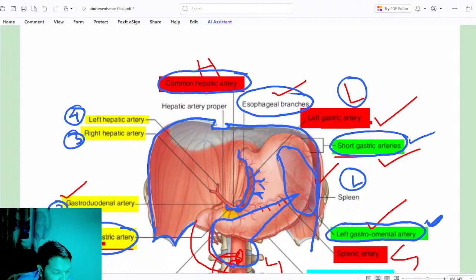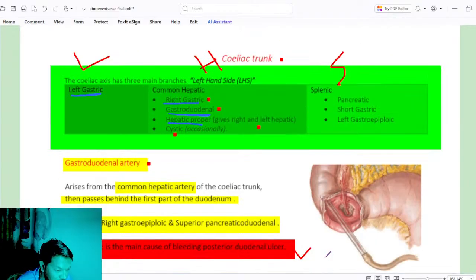So this splenic artery gives multiple small branches to the pancreas. These are also branches of the splenic artery. That's why if we say the branches of the splenic artery, we need to mention pancreatic branches. Then we have short gastric and we have left gastroepiploic.